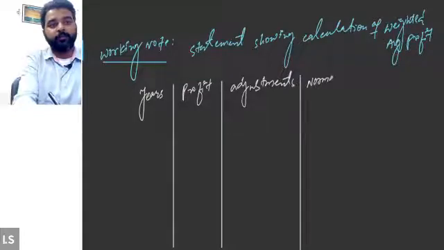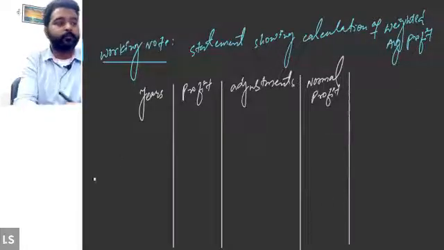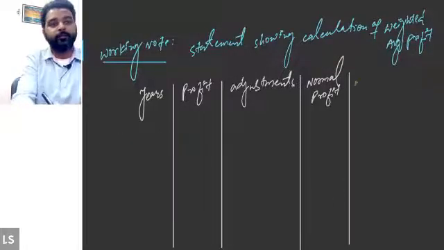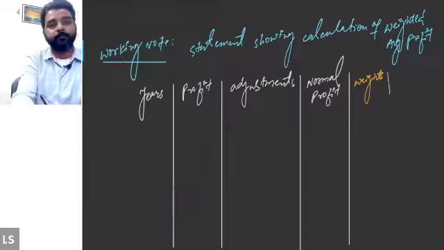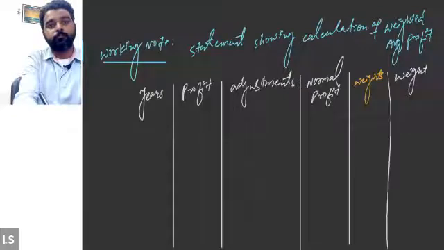After finding the normal profit, we will multiply it with the weights given in the question, and then we will find the weighted profit.